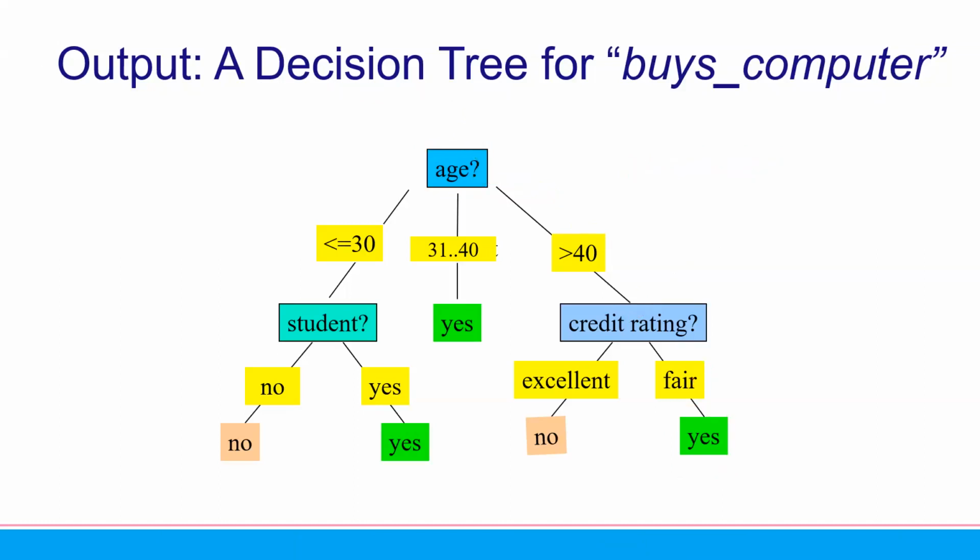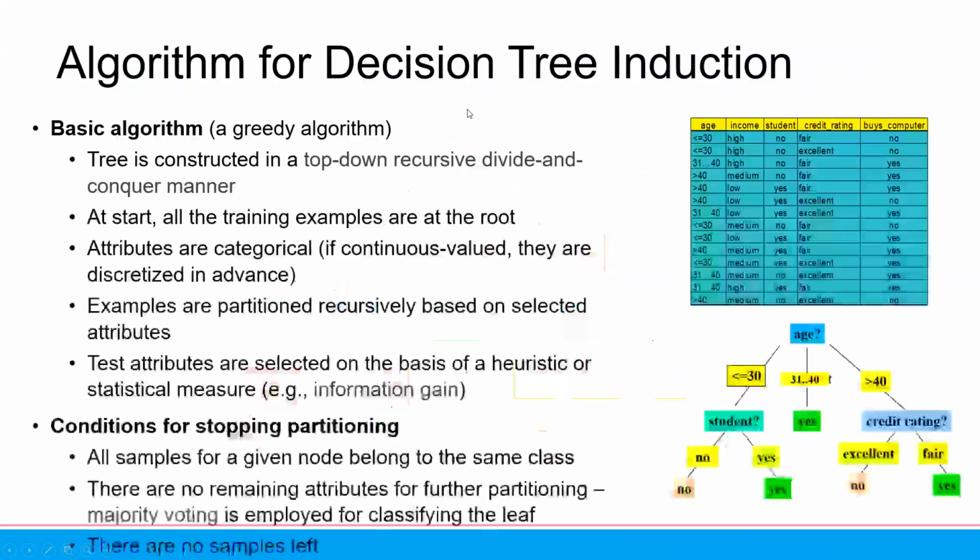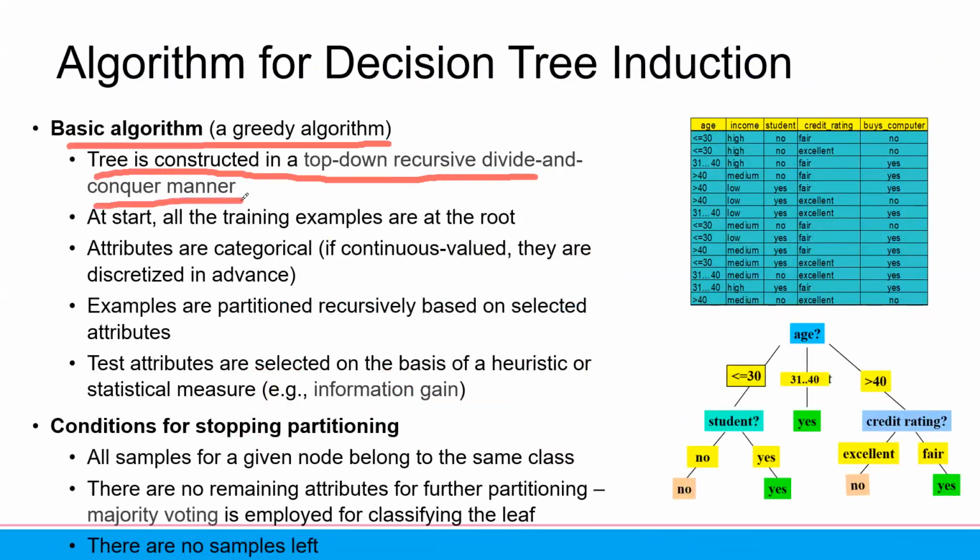Now the question is, how can we create this decision tree? There is one algorithm, the algorithm for decision tree induction. The basic algorithm is a greedy algorithm. The tree is constructed in a top-down recursive divide and conquer manner.